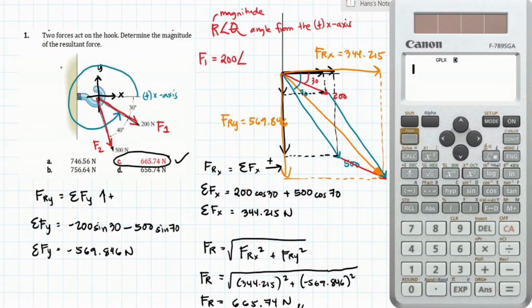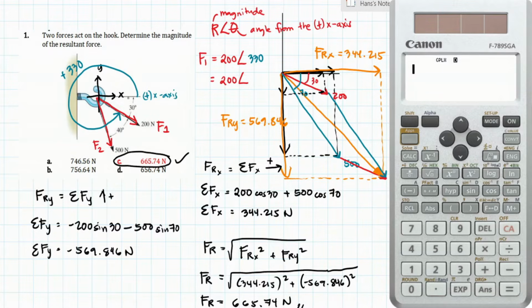Magkano to class? Kung 30 yun nandito, ito magiging 330 positive. Pwede mong lagay dito is yung 330. Or, another way ng pagpe-present ng F1 is 200 angle.